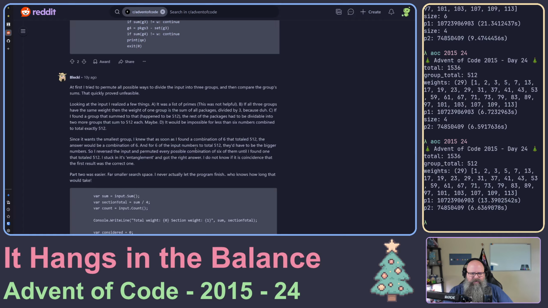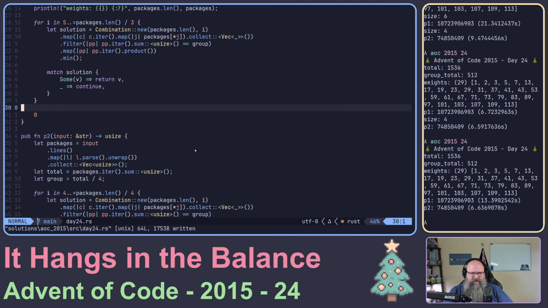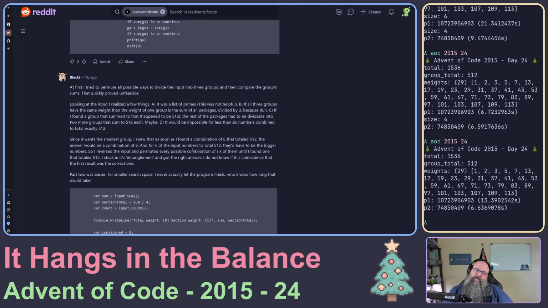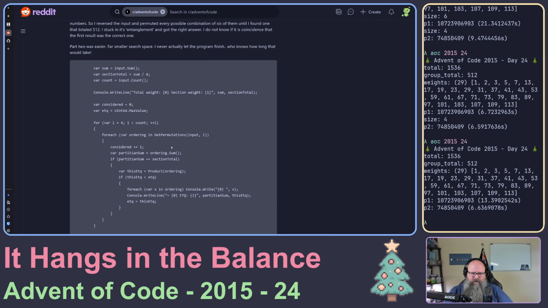It does suggest reversing the input makes it faster. I don't know why reversing it would make it faster, because you have to check all of them. Yeah, so for each, get permutations.